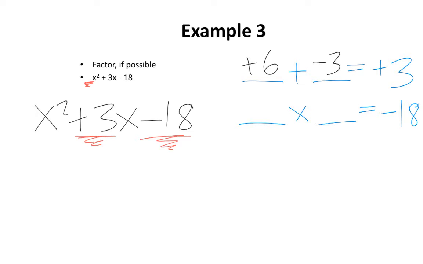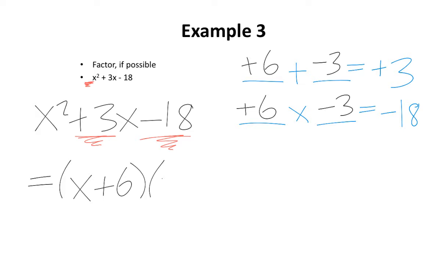When I multiply those same numbers together, that will give me negative 18. Therefore, when I factor this quadratic expression, it becomes x plus 6 multiplied by x minus 3. Again, you can check your answer by using the FOIL technique.